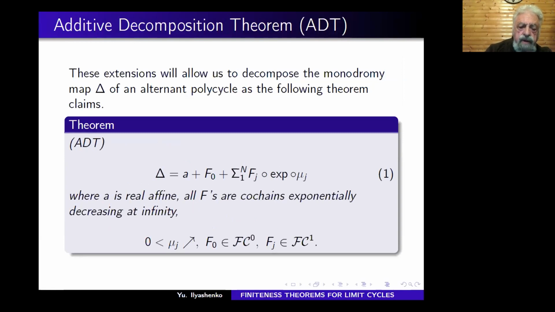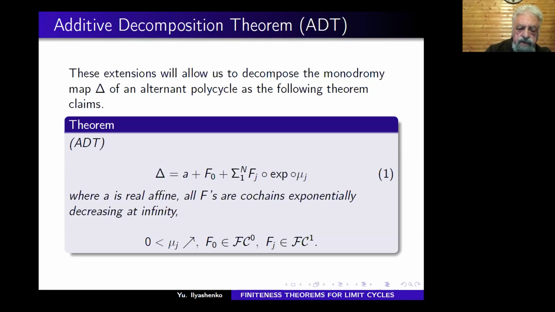So what may happen? In this formula for the monodromy map, the affine term may be identity, and all the other terms may be zeros. And in this case, all the points will be fixed. But no limit cycles will occur near this polycycle.